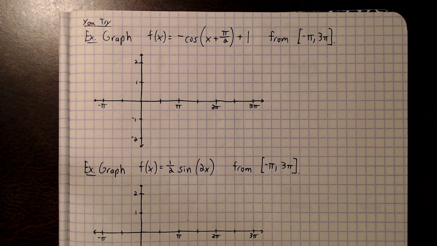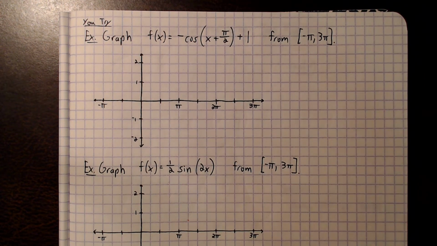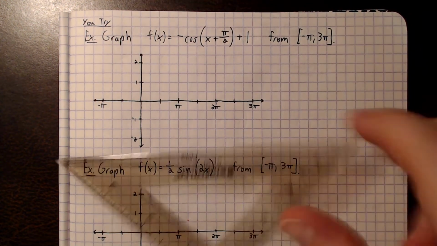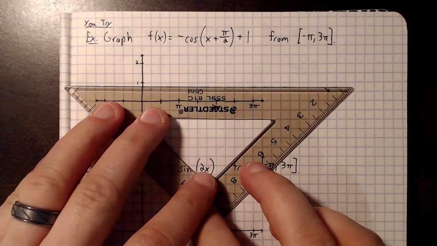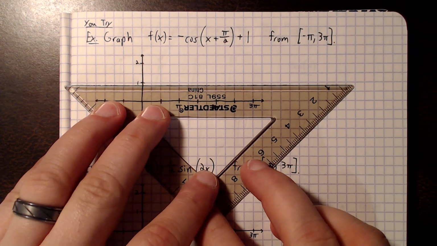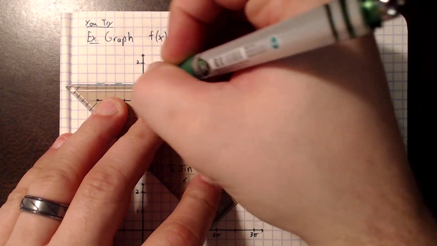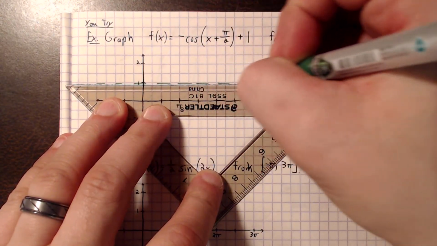Alright, let's see how you did with this. You were working with cosine, and hopefully you noticed that you had a vertical shift right away, and you put that down and didn't make an error that anyone on the internet can see. I'm going to stop talking about that now. Anyway, here's our average line.